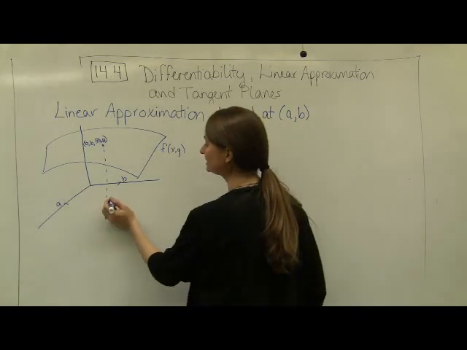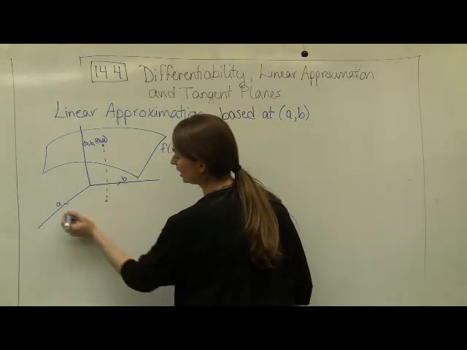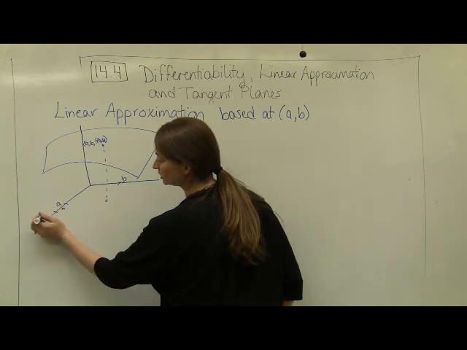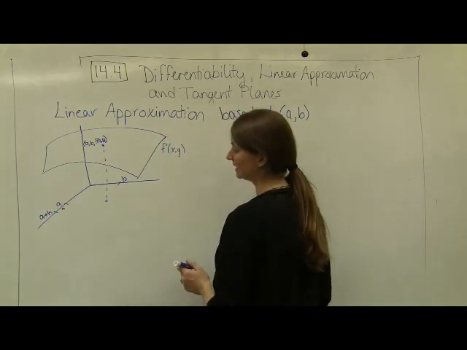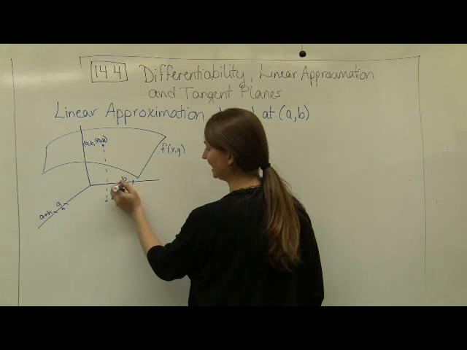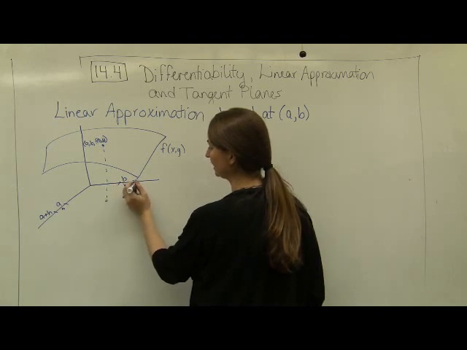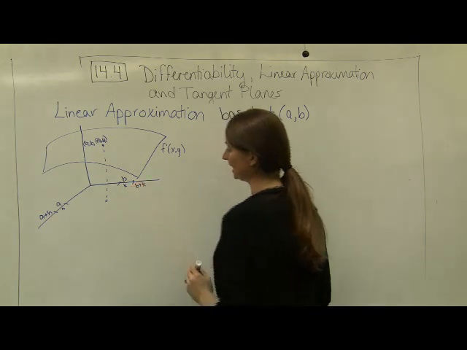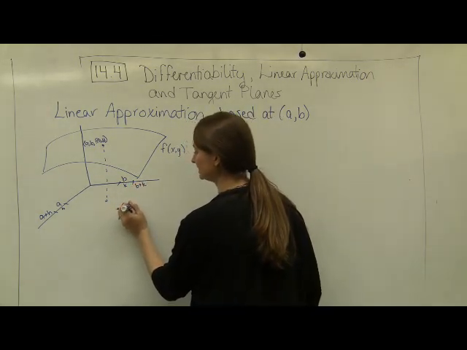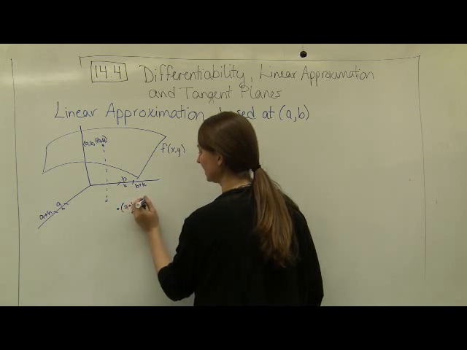By points nearby, I'm going to introduce a new point by adding h in the x direction, so I have a new x coordinate of a plus h. And k I'm going to add in the y direction, so I have a new y coordinate b plus k. That gives me a new point in the xy plane, (a plus h, b plus k).